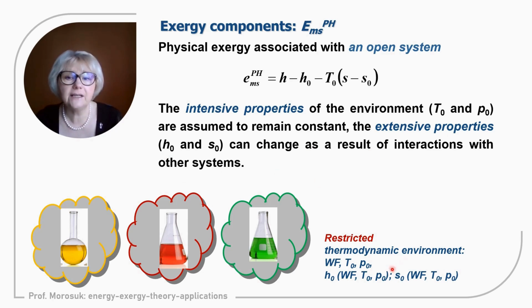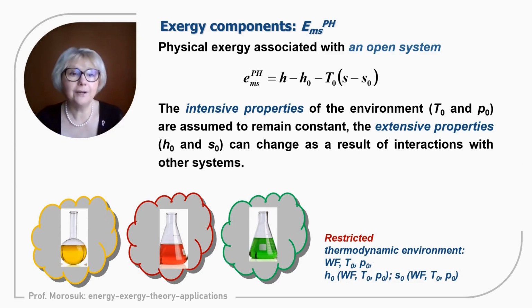So it means that for a restricted thermodynamic environment, for as many working fluids as there are, so many states zero. This is really very interesting. And all these states zero will have the same temperature and pressure, but each state zero will have its own chemical properties, meaning enthalpy and entropy should be calculated for different working fluids within one system.